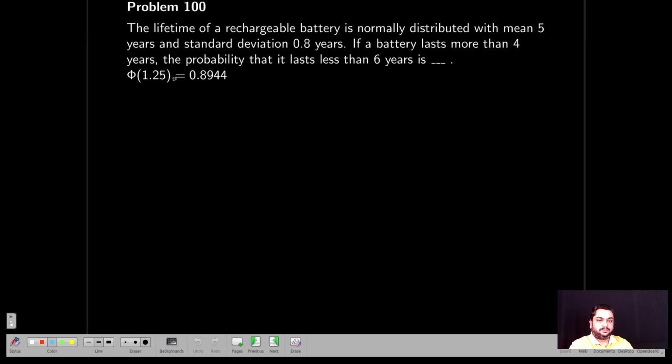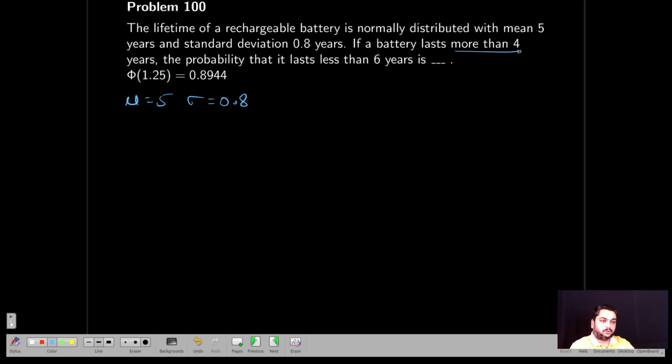Next, the lifetime of a rechargeable battery is normally distributed with mean 5 and standard deviation 0.8. If the battery lasts more than 4 years, the probability that it lasts less than 6 years is, see, it's a conditional probability.